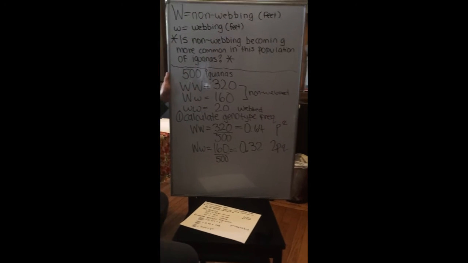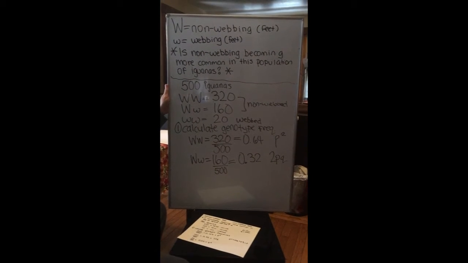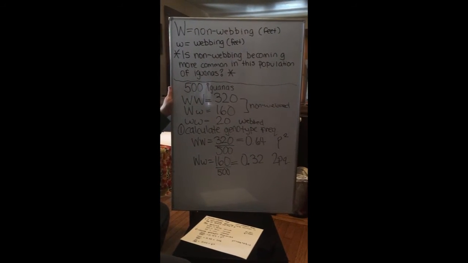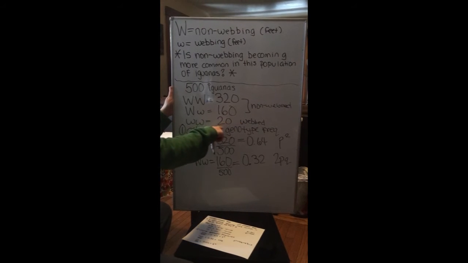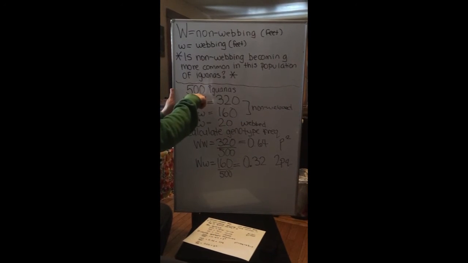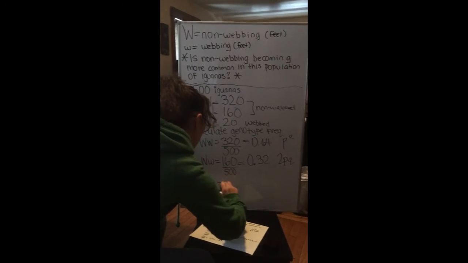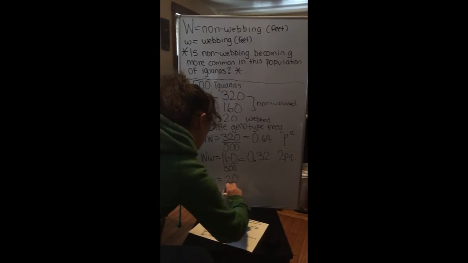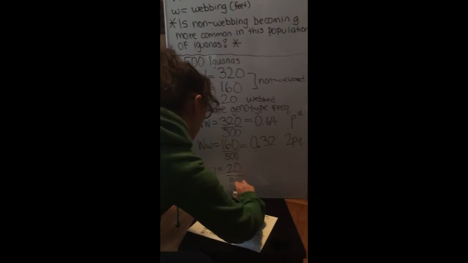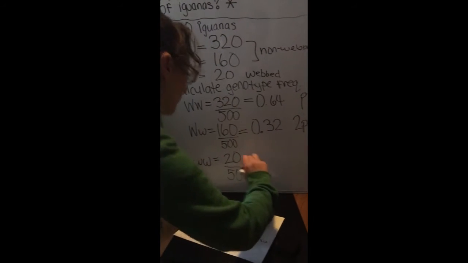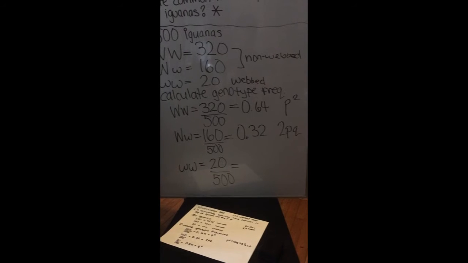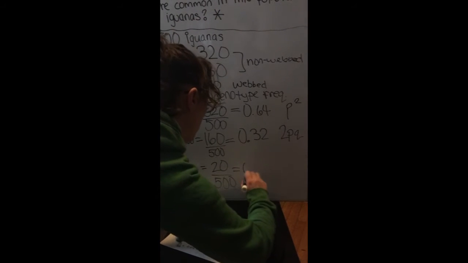And then to look at what percent of my population is homozygous recessive, what percent are webbed, we had 20 out of the 500 that were webbed. If you divide that out, you have 0.04.